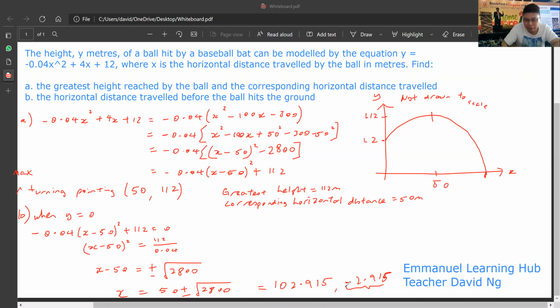You should reject the negative one. Why? Because it only travels in positive. Sometimes you reject positive, sometimes. In this case, you reject negative. So 102.915 meters.